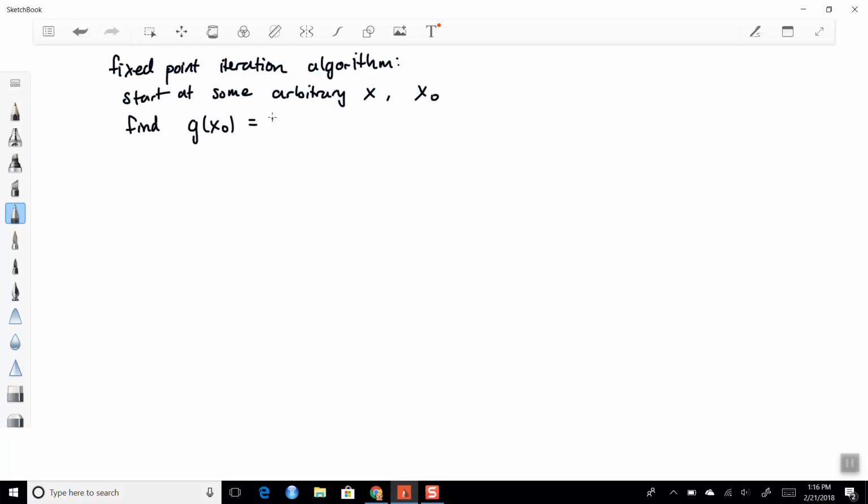And this will give you some new value. Find g of x0, and then use this g of x0 as your next x, x of 1, okay? And the algorithm is just this: x at the next iteration, x at n plus 1, is equal to g at x time n.